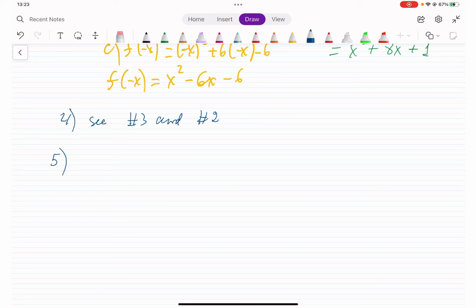What do we have? F of r is equal to square root of r plus 3 plus 4. So a is f of negative 3.